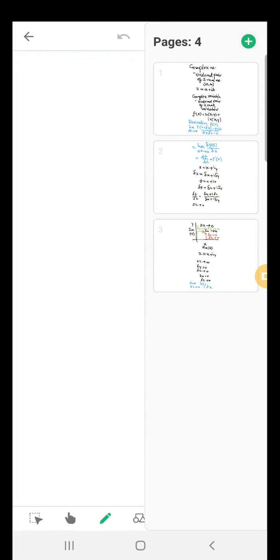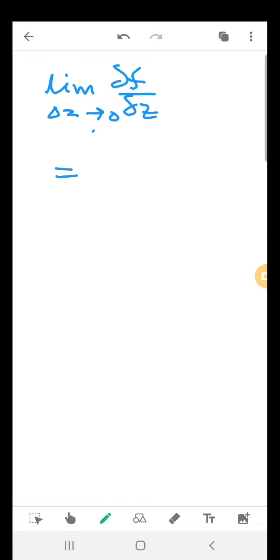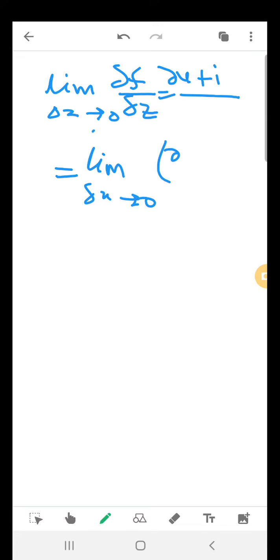Firstly, the limit as delta z tends to 0 of del f by del z is equal to either the limit as delta x tends to 0 of del u plus i del v over del x plus i del y.